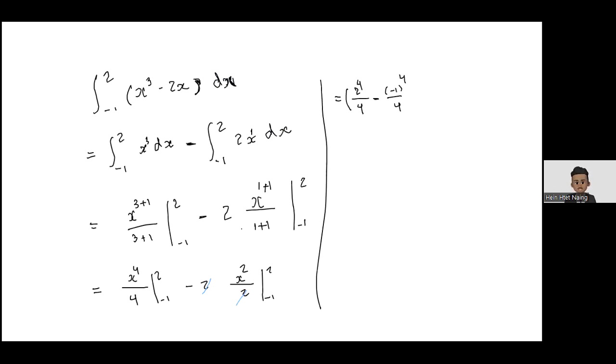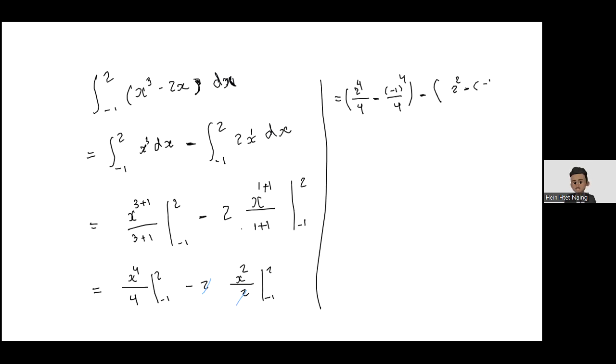And for this minus, I will put a minus in here. So for the other one, it is a square, right? So we will put the upper limit in a. So 2 squared, and then minus, and then put the lower limit, minus 1 squared.